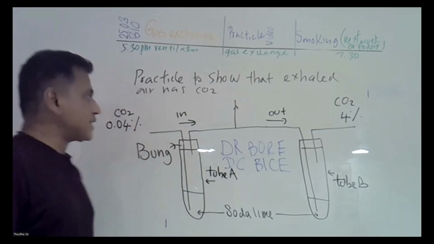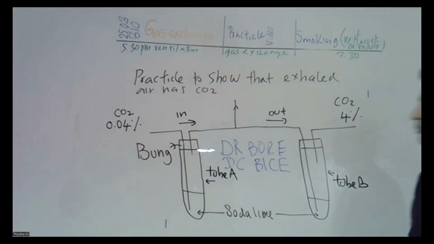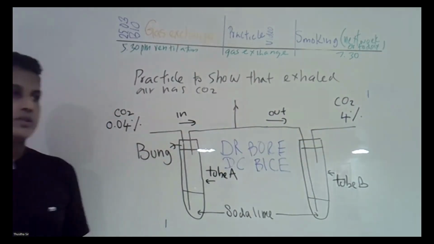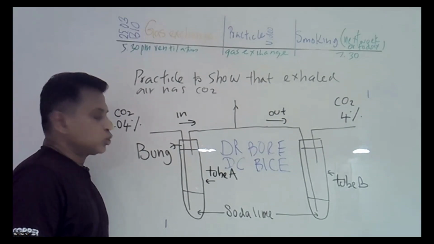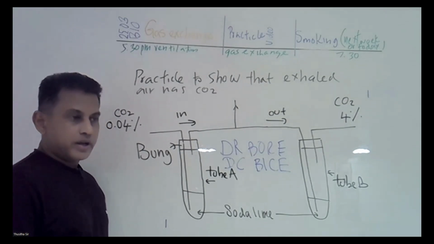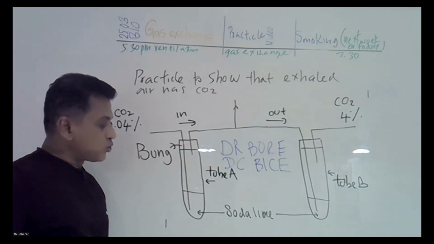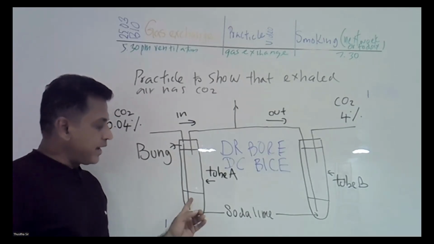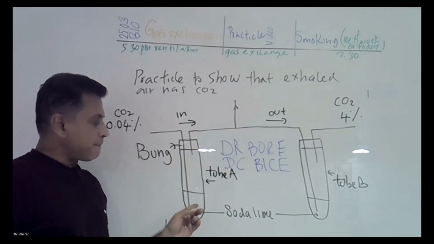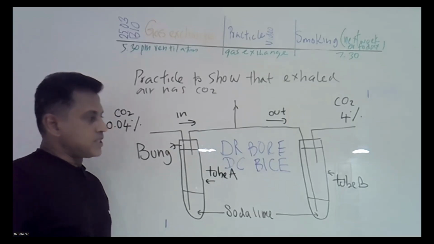Number 1, when a person breathes in, the air enters the tube A, and the air bubbles through the soda lime in tube A. You can write it in the same place as a small paragraph.